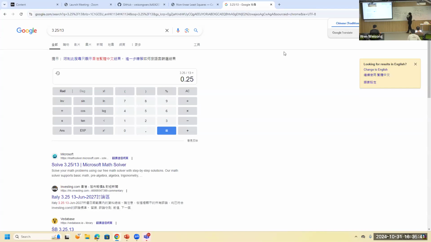If you still remember, the model for the GPS range from receiver to the satellite is equivalent to the square root of x minus x satellite plus y minus y satellite, plus I plus t plus noise plus c multiplied by something like this, right?